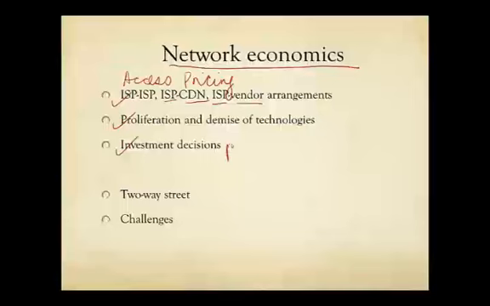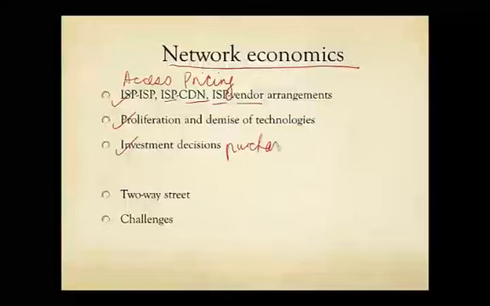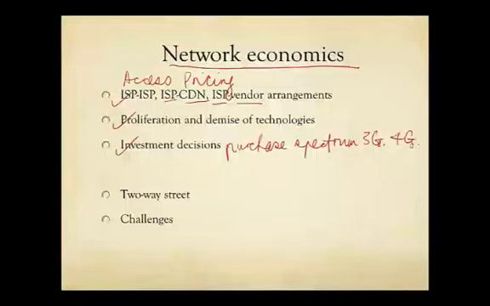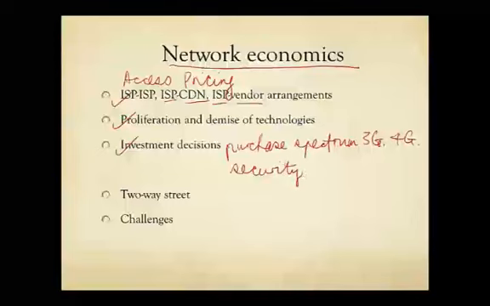These can range from purchasing spectrum for 3G or 4G network, and these can cost tens of billions of dollars for each auction, to the adoption of certain, say, security or new access technologies.